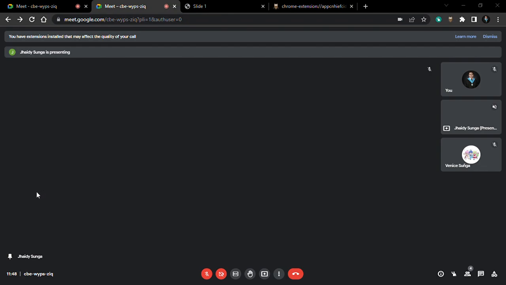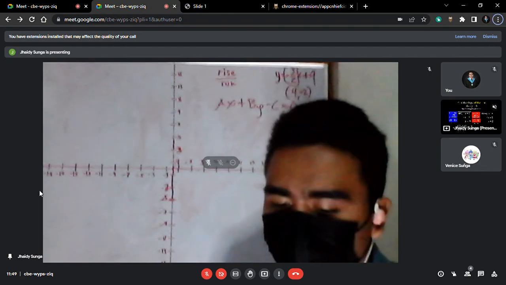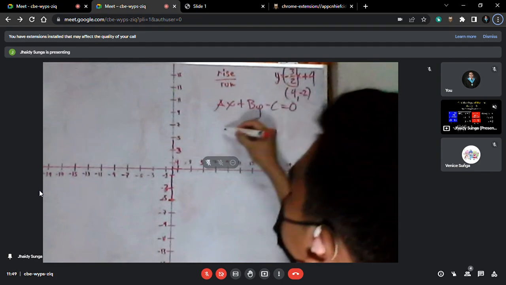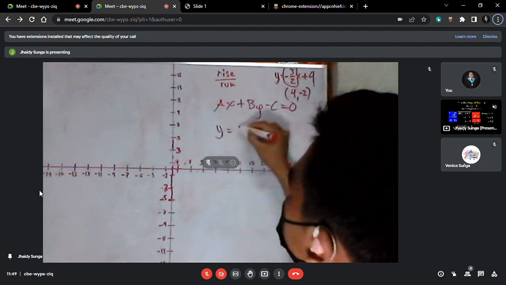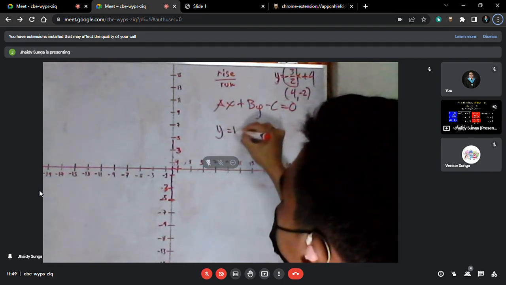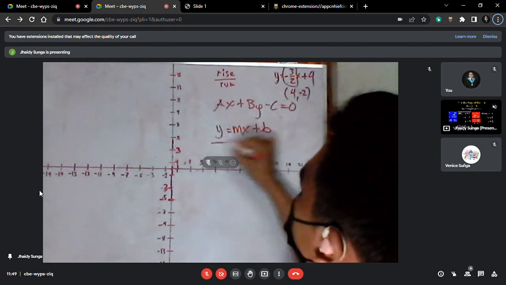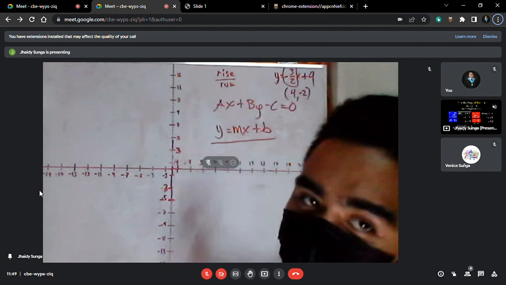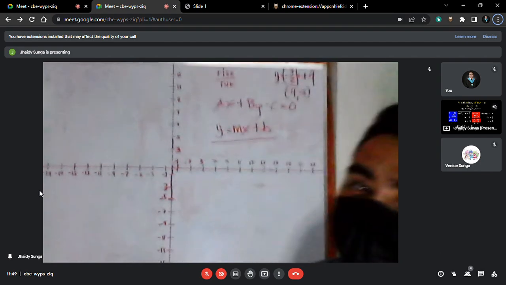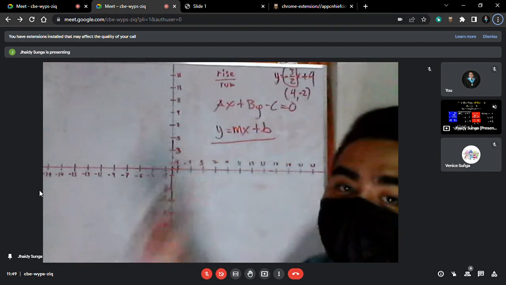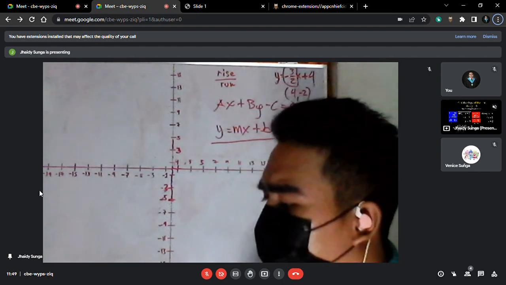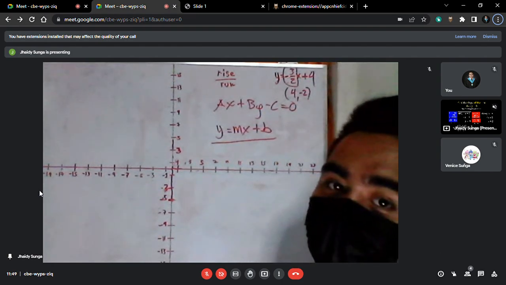But if you will be seeing this kind of form, like y is equal to mx plus b, we could say that this special form is the slope intercept form. Why?